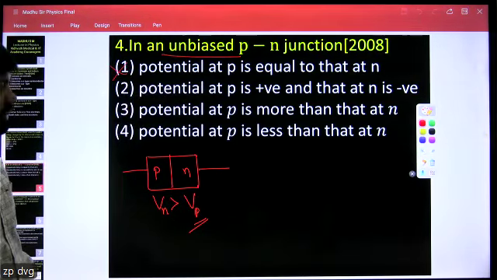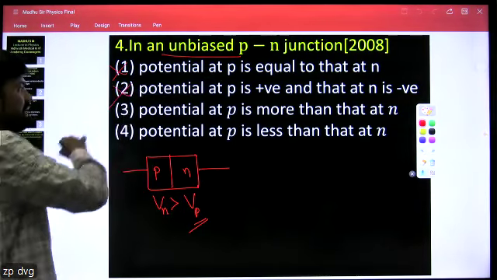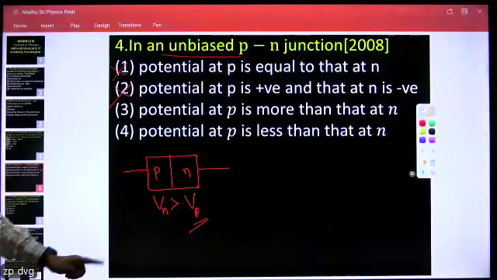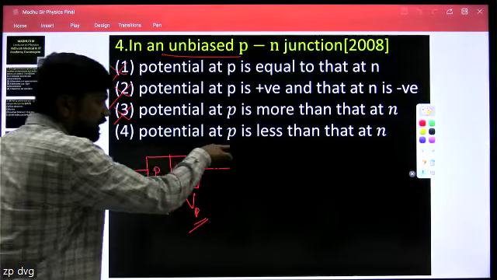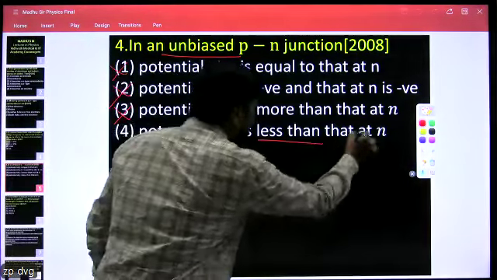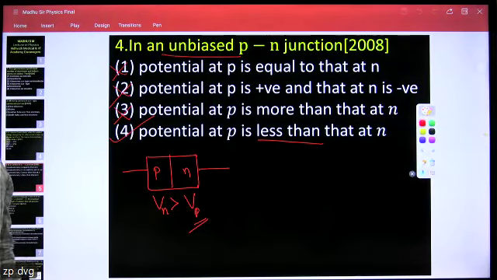Potential at P side positive and N side negative is also wrong. Potential at P more than that of N is wrong. But potential at P is less than that of N is the right answer. Option 4 is right.